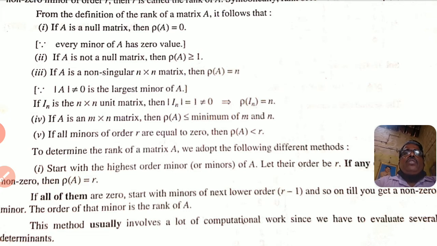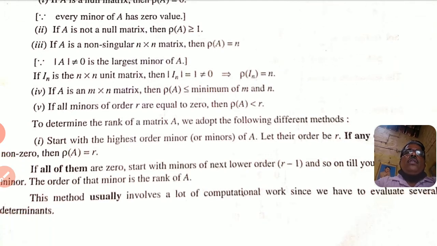That is, if there exists a square matrix of order 4 cross 4 and that matrix is a unit matrix, then clearly its determinant is not equal to 0 and it is equal to 1. So therefore the rank of that unit matrix is always equal to 4.